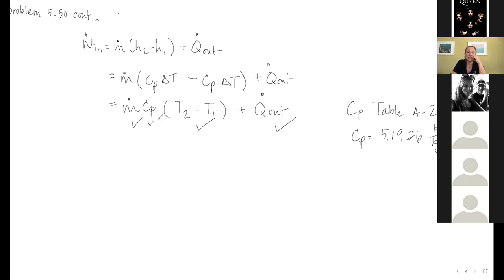So now we have everything that we need to solve this. Our mass flow rate here is 60 kilograms per minute.